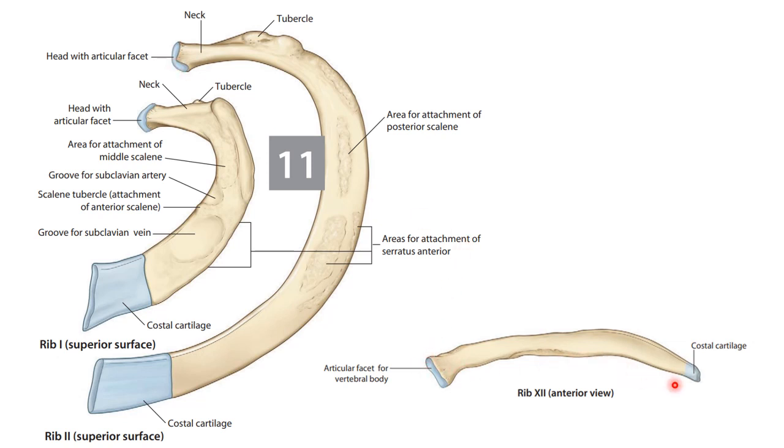This is the 12th rib, which is an atypical rib, a false rib and a floating rib. These are all names or classifications for the 12th rib. It is short and doesn't have an anterior attachment to the sternum.